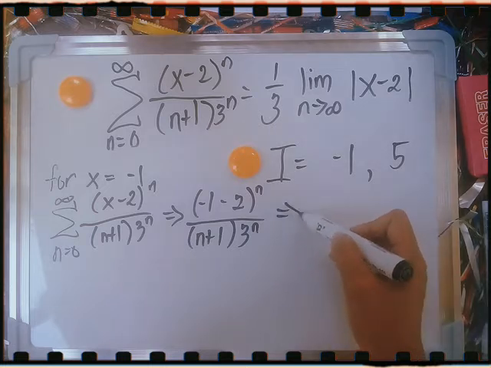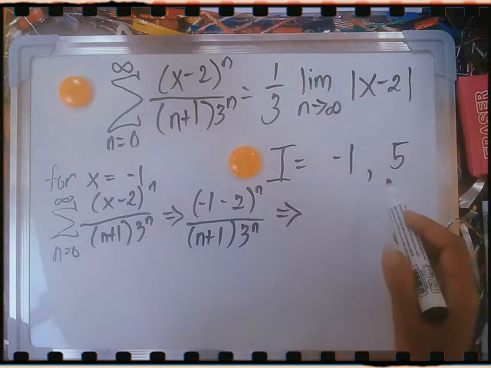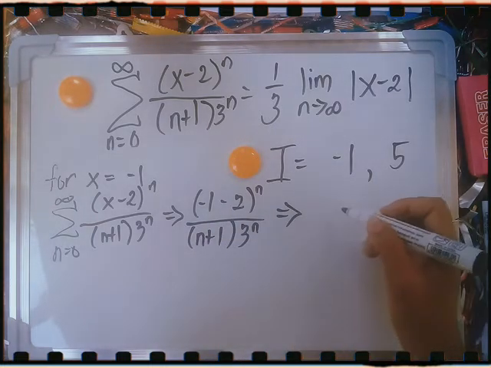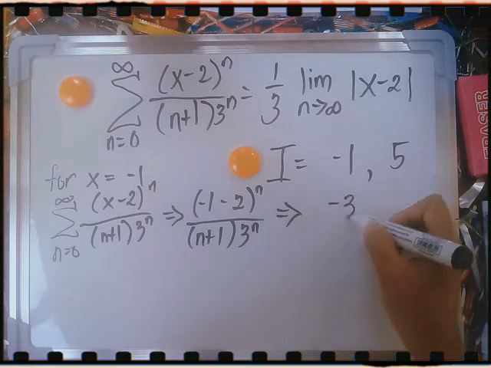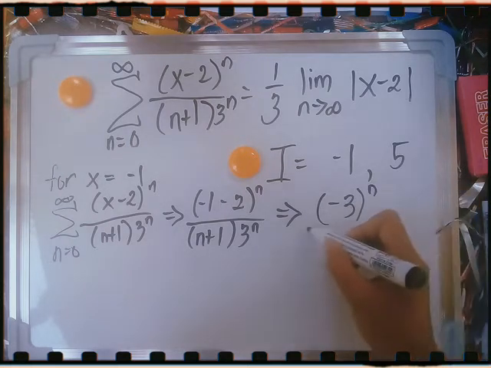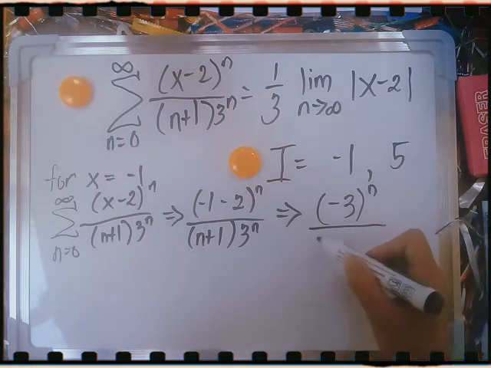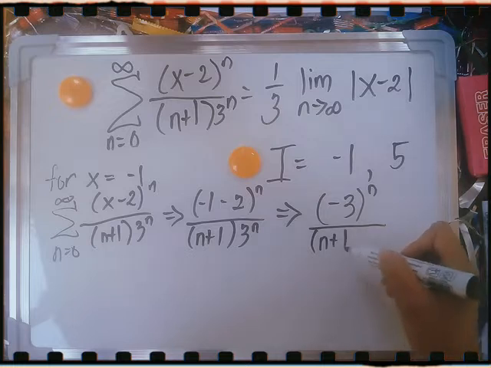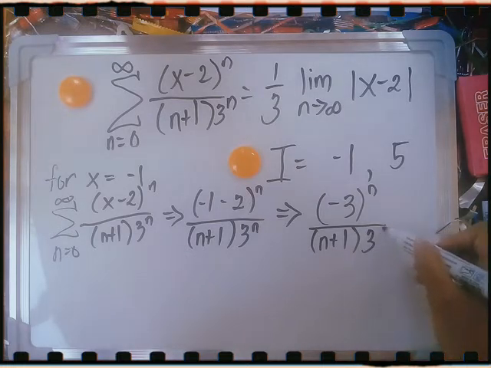And then -1 minus 2 is -3 raised to n over n plus 1 times 3 raised to n.